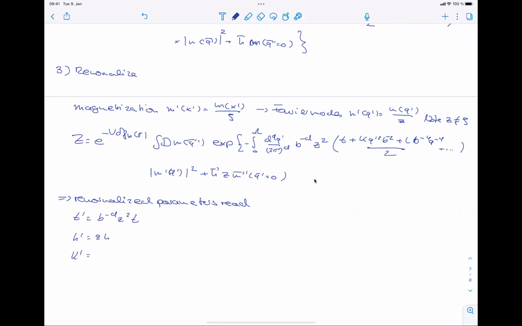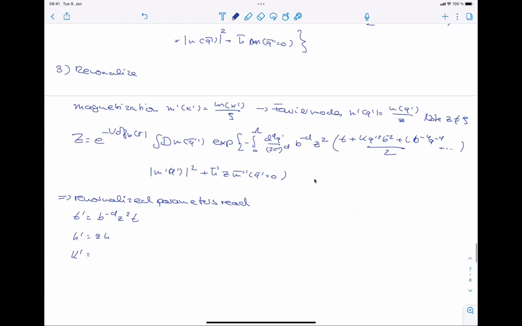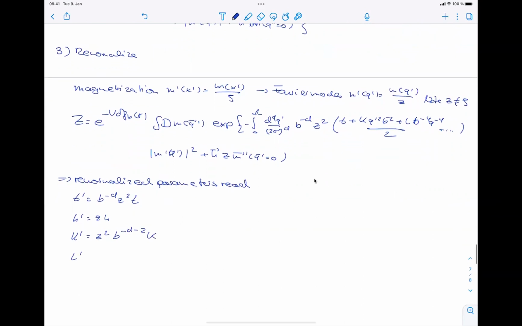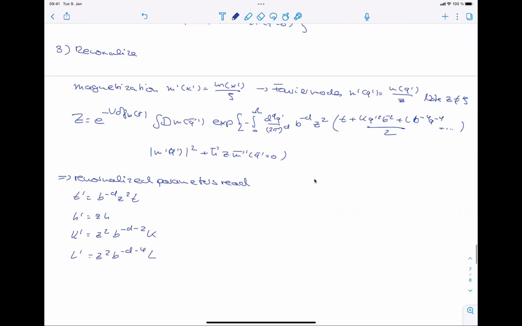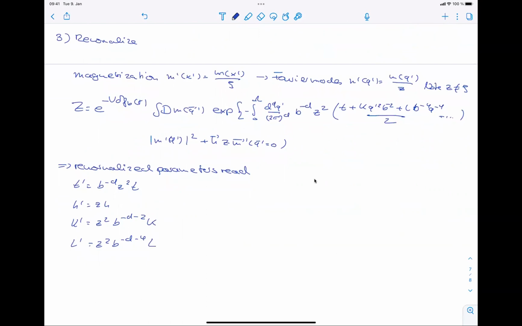My k prime is z squared b to the minus d minus 2 k. And my L prime is z squared b to the minus d minus 4 L. Okay, so that's the transformation rule that we can now read off.